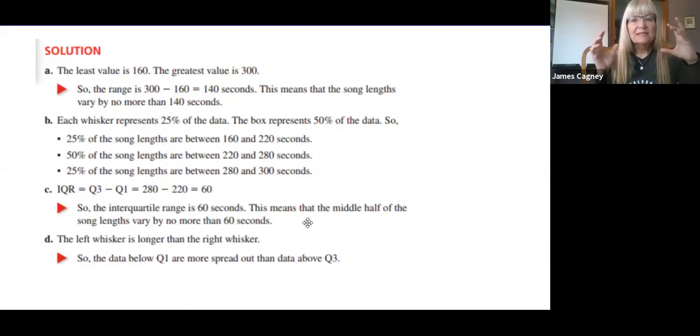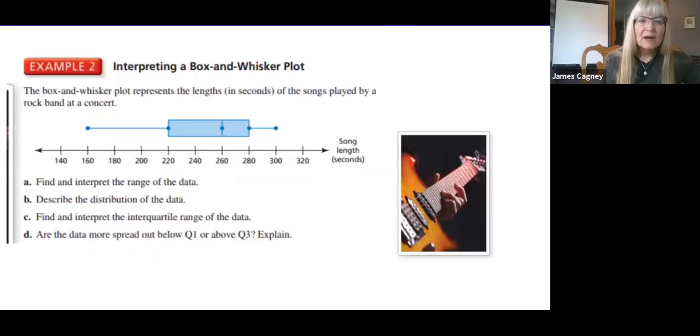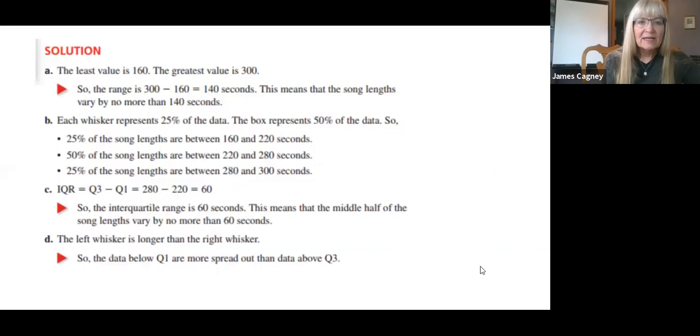This means that just the middle half of the songs, the half that are in the box, vary by no more than 60 seconds. And when I look back at my box and whisker plot again, this left whisker is much longer. So the data on that left-hand side are more spread out. So the data below Q1 is more spread out than above Q3.